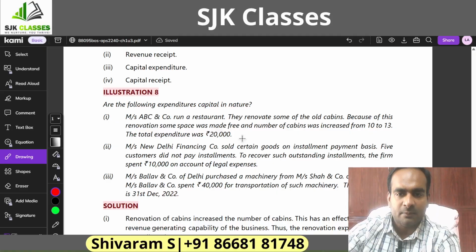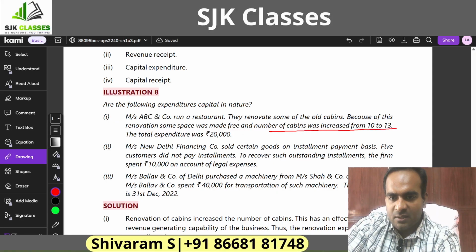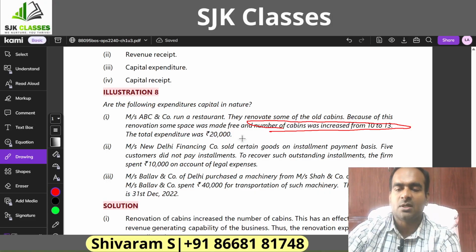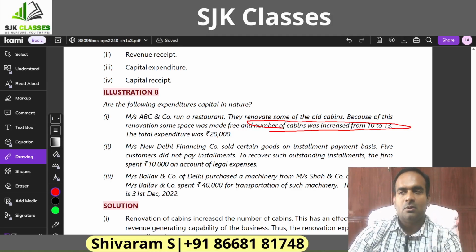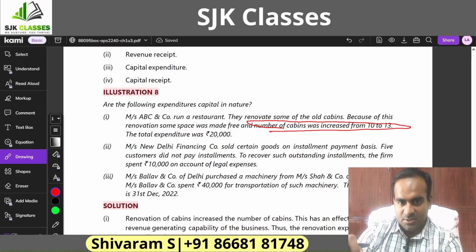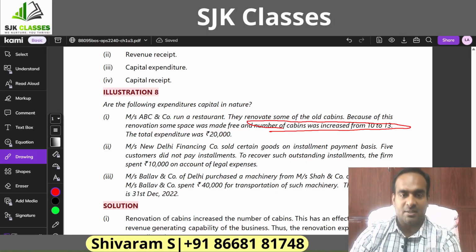So what they are saying here, because of this renovation, what happened? The number of cabins increased from 10 to 30. This is a very, very key point. So by incurring this expenditure, we're getting some benefits, no? Instead of 10 cabins, now we are getting 30 cabins. So this extra benefit we are getting here. So this expenditure will be taken as a capital expenditure.